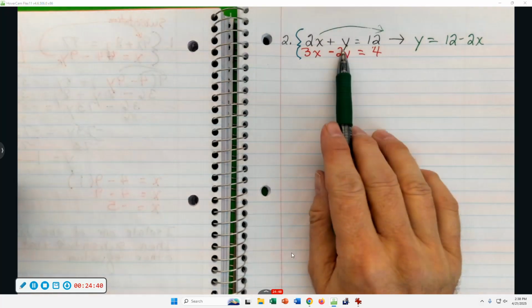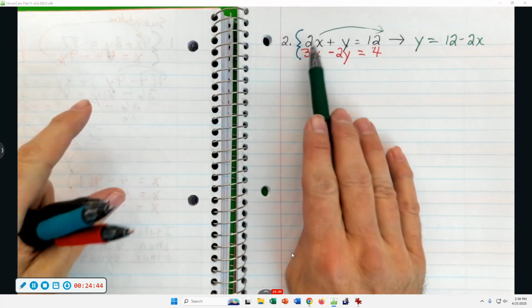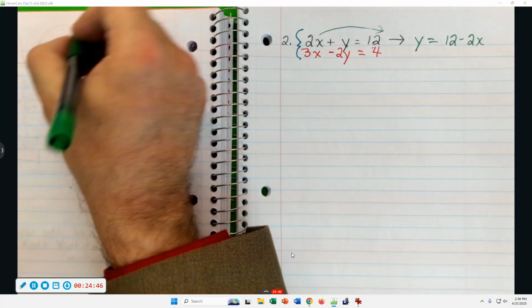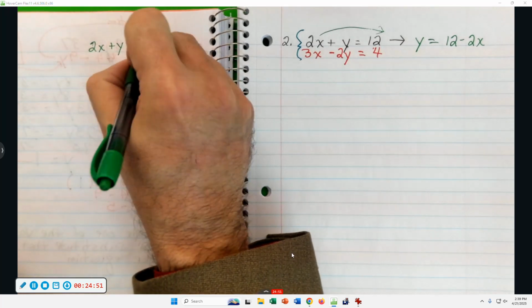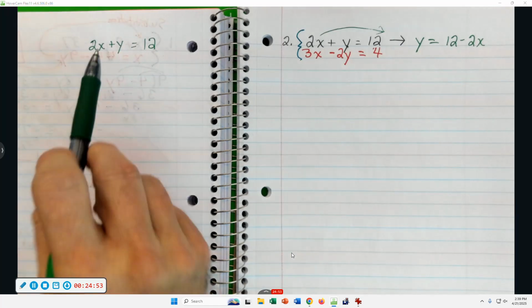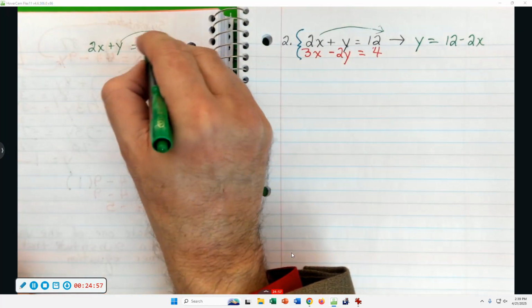So we've isolated one of the variables. Why did we not isolate the black X? Theoretically, that's fine. You could do that and you would get the same answer eventually. If you had isolated the black X, you'd have to move the Y over.